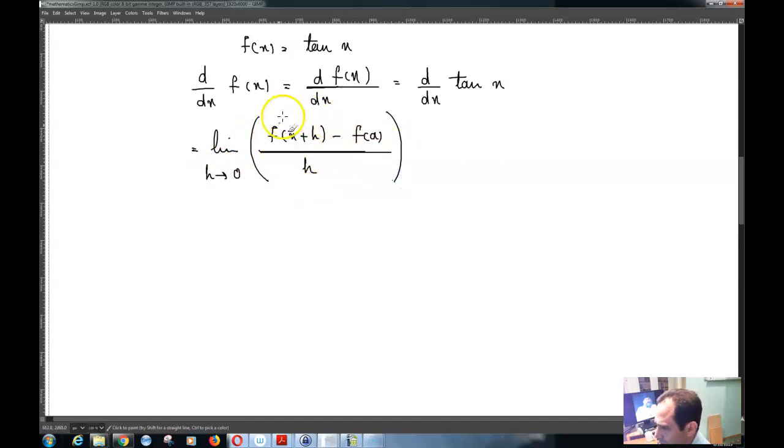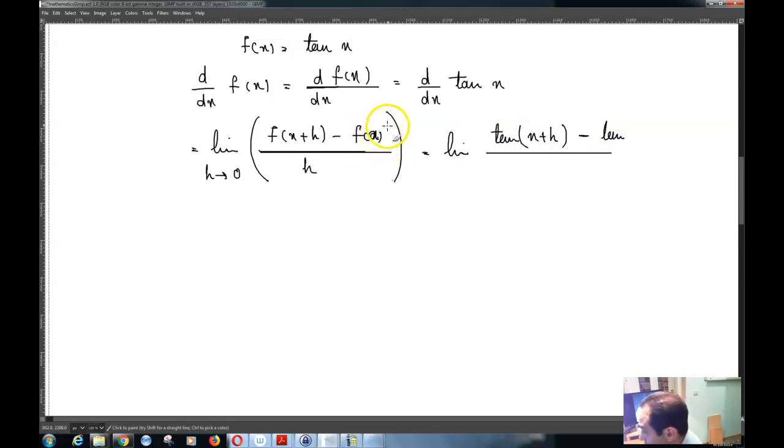Now over here basically you can write this as the limit of tan of x plus h minus, this is of course x, I always make this mistake apparently, minus tan x over h when h tends to 0.